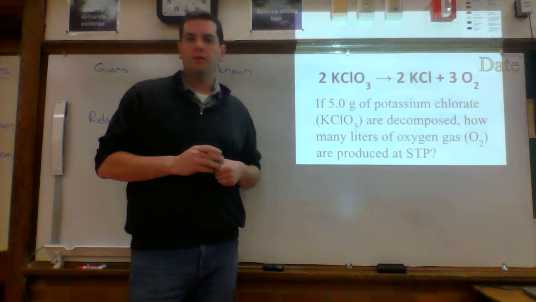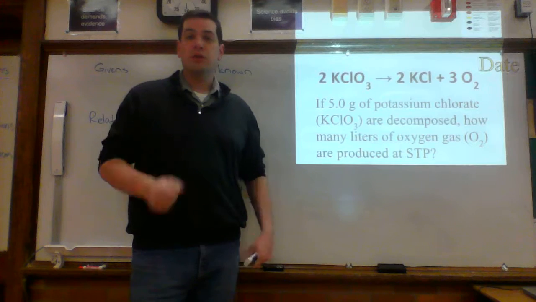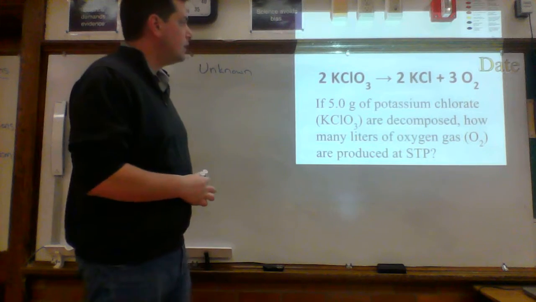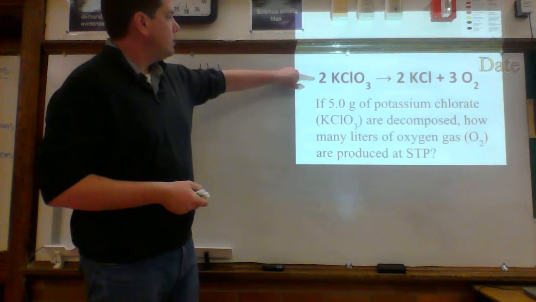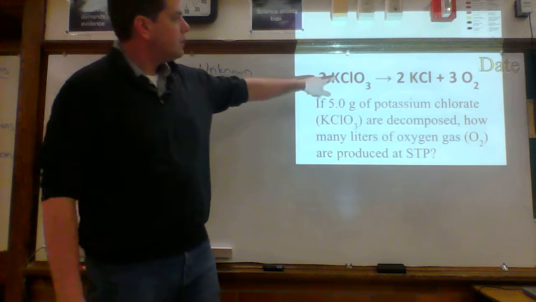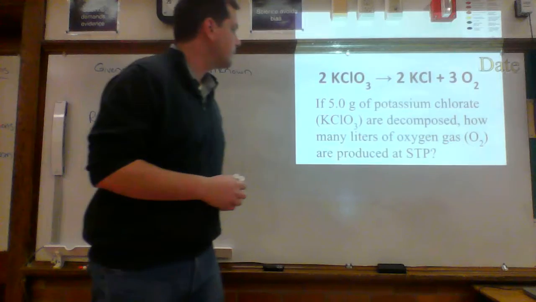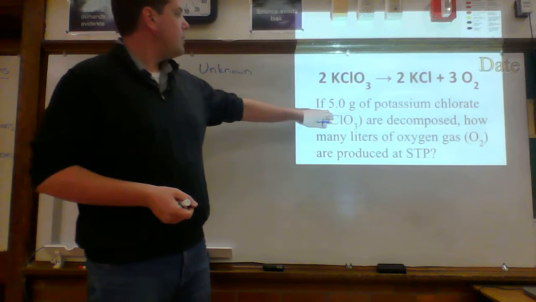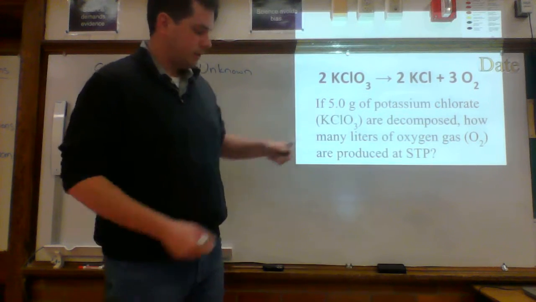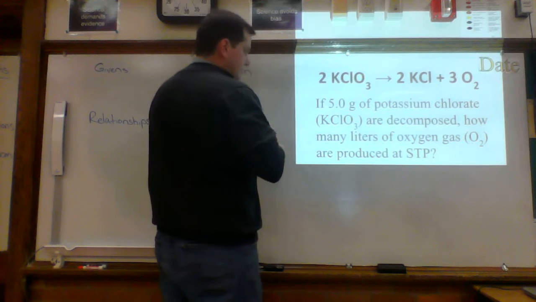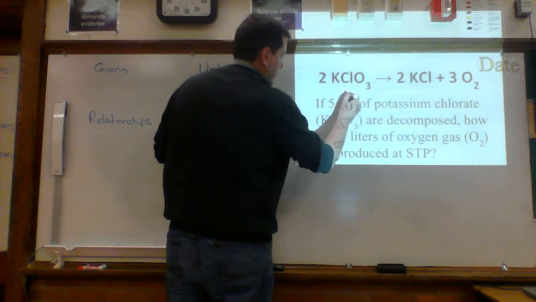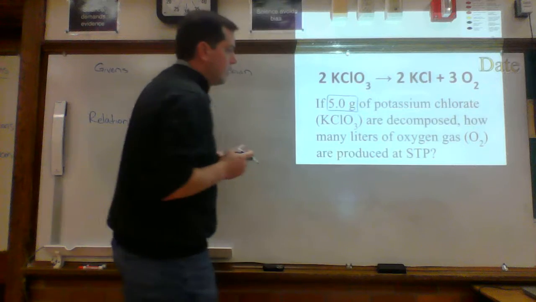Let's talk about a full-blown three-step stoichiometry mole problem. Here's an example. 2 KClO3 yields 2 KCl plus 3 O2. If 5.0 grams, that looks to me like a given, so I'm going to go ahead and put my highlight there.